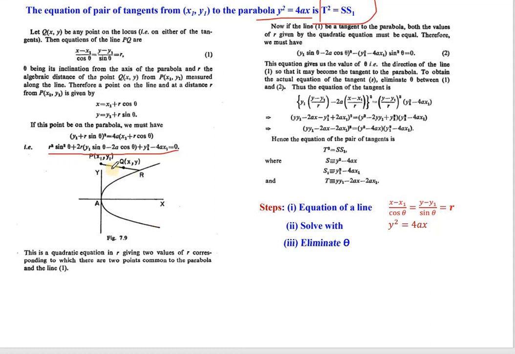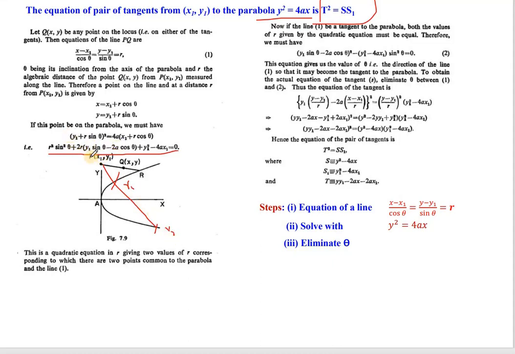This line will meet the parabola in 2 points, but we want it to be tangent, so we'll have to have the roots coincide, that is, the roots r1 and r2 should coincide.